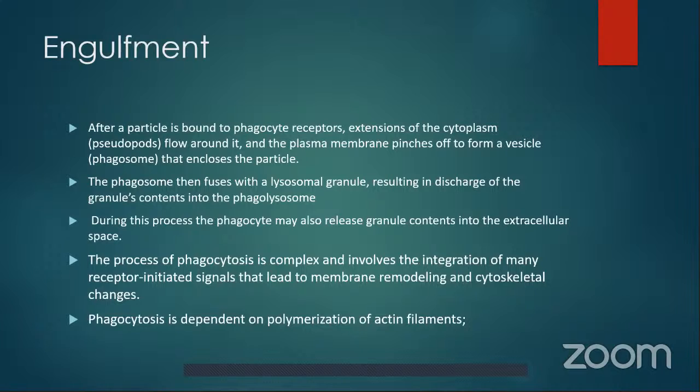The process of phagocytosis is complex, involving the integration of many receptor-initiated signals, which will lead to membrane remodeling and cytoskeletal changes. Phagocytosis is dependent on the polymerization of actin filaments. That's the cytoskeletal change which will happen within the leukocyte cell membrane for the process of phagocytosis to take place.